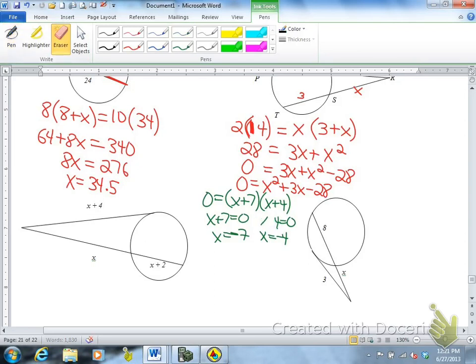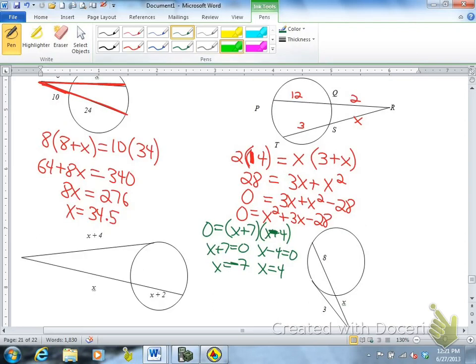The 4 was negative, wasn't it? So the 4 is negative, you have x minus 4 equals 0, so x is positive 4. I knew I did something wrong because x can't be negative, right? You can't have a negative amount for the length RS. So you throw out negative 7, the answer must be x equals 4.